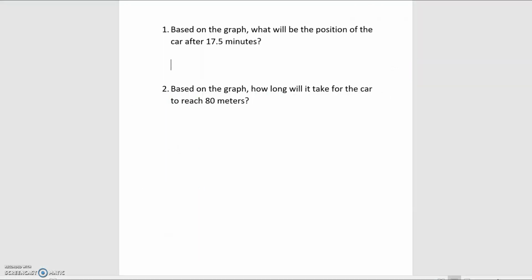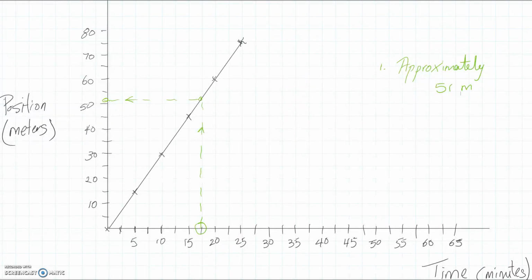On the second question, which says, based on the graph again, how long would it take for the car to reach 80 meters? We know we're getting to 80 meters, but if we look at 80 meters here, our graph trend line is not long enough to show us 80 meters.